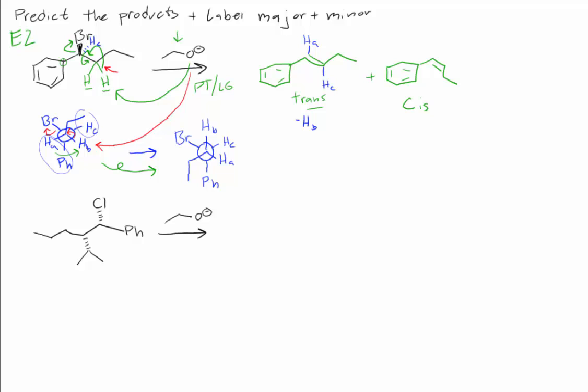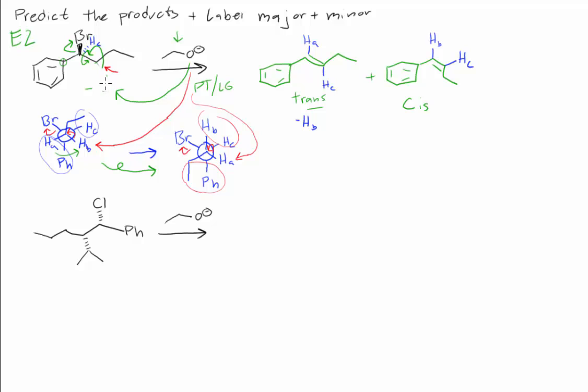the given products here. And so again, if we draw our mechanism, we're going to use the same arrow push again, losing HA, forming the alkene, losing the leaving group. And now we have phenyl and ethyl on the same side, and HB and HC on the same side. And so here I'll draw them in right here. And actually we can be more specific on our original drawing.